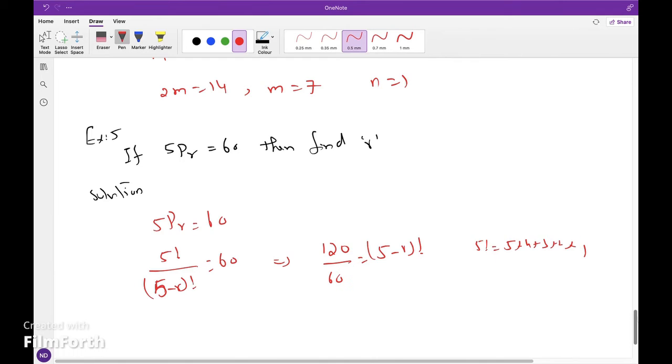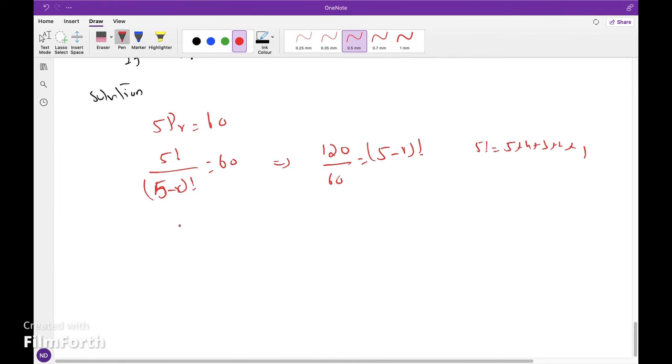So we can write (5 minus r) factorial equal to 2, that is 2 factorial. So 5 minus r is equal to 2, then r is equal to 3.